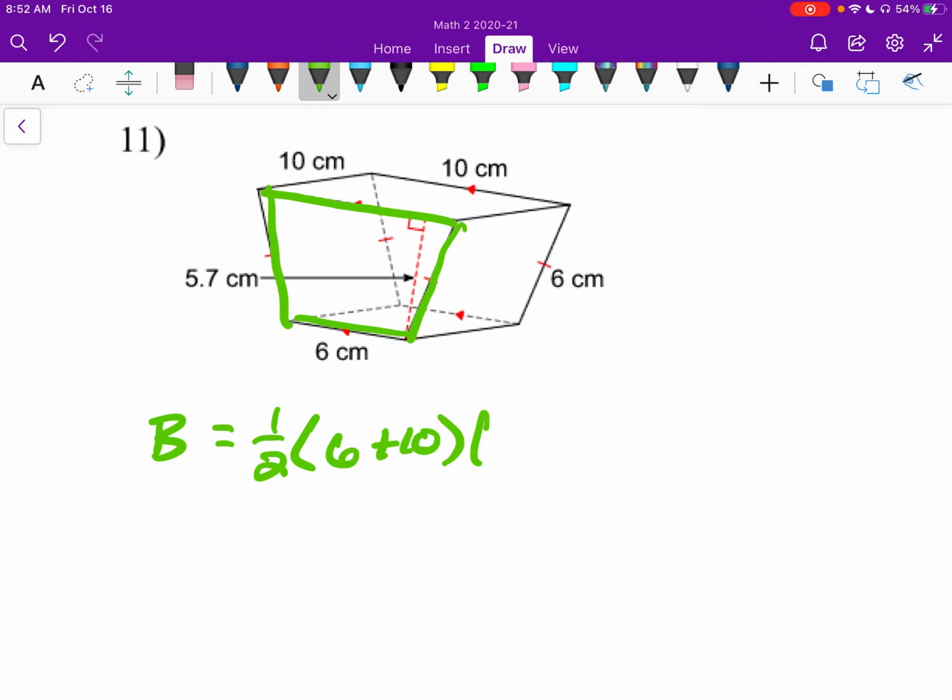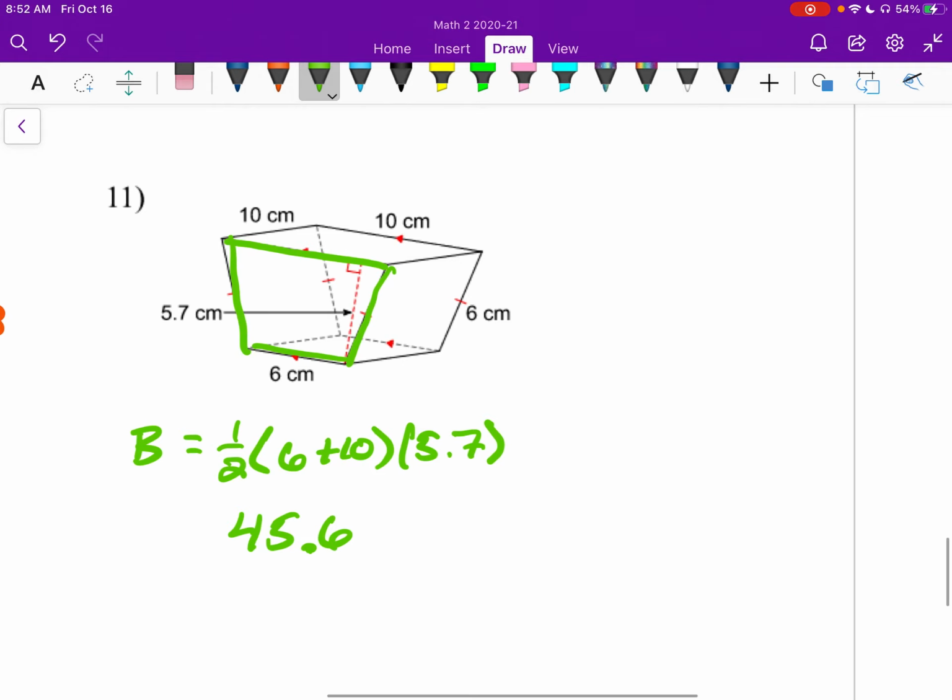And the height of our trapezoid is 5.7. Whenever I combine that all together, I say 6 plus 10 is 16 divided by 2 times 5.7 gives me 45.6. Let me write my volume formula. Volume is big base times height.